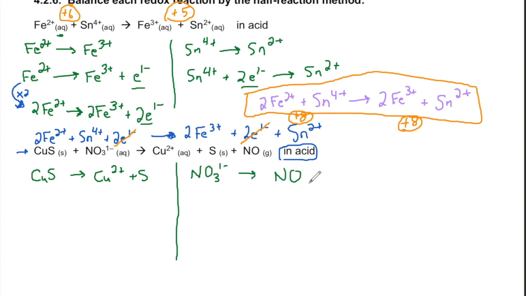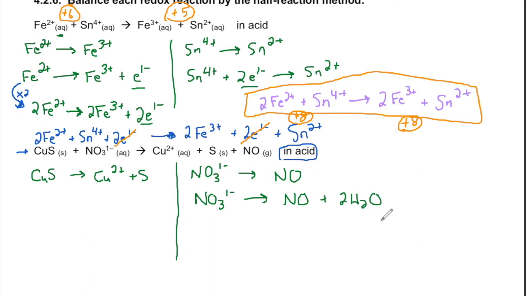So we're going to have to add 2 water molecules to the right side of this equation to get the oxygens to balance. Now we have 3 oxygen atoms here and 1, 2, 3 oxygen atoms here. So we have the same amount of oxygen on both sides.